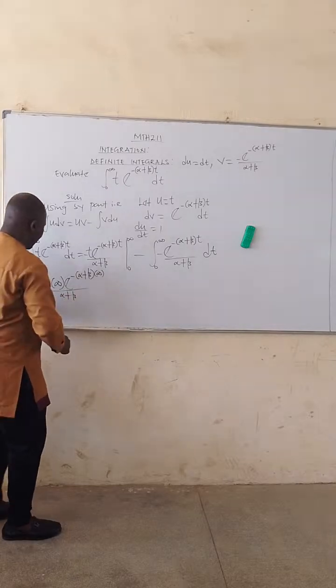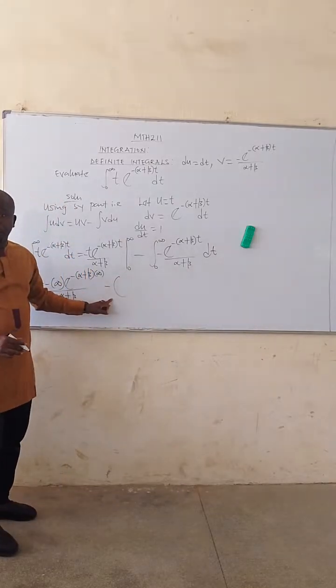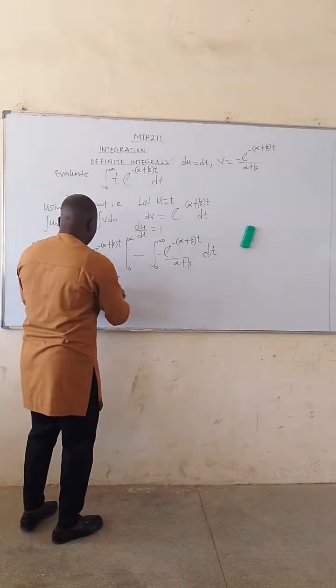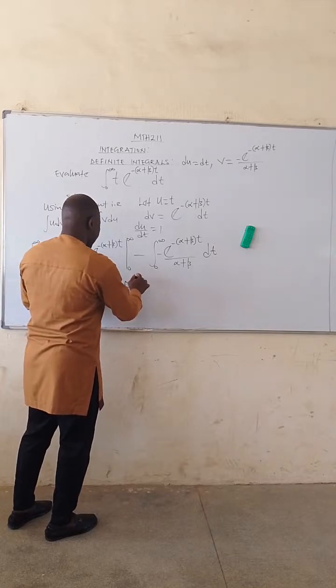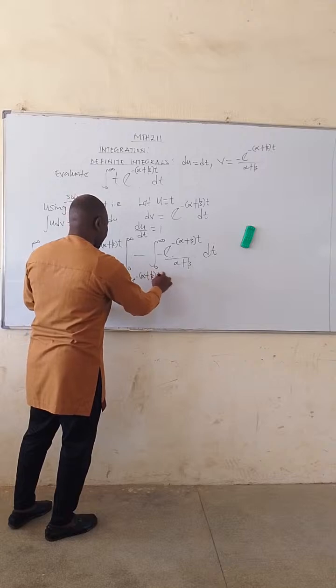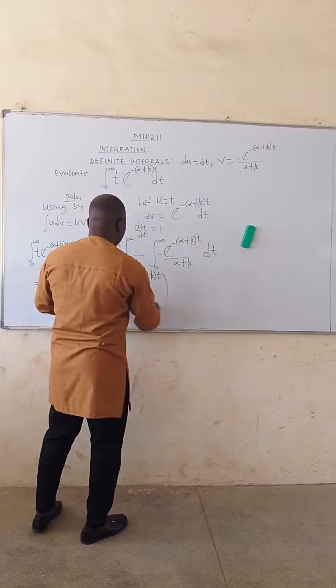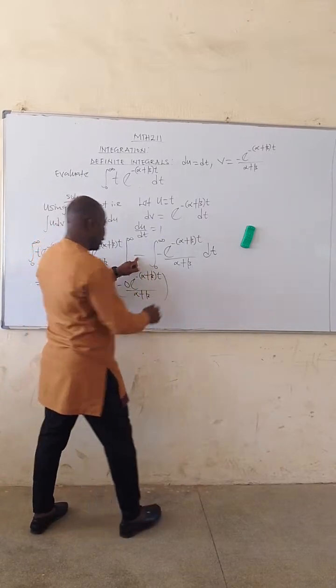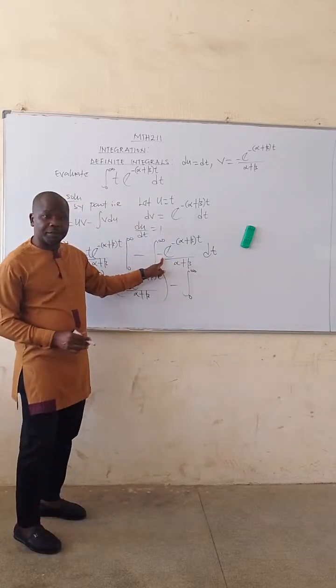Then minus again, here we have 0 times exponential minus open bracket alpha plus beta t all over alpha plus beta, then minus the integral 0 to infinity.